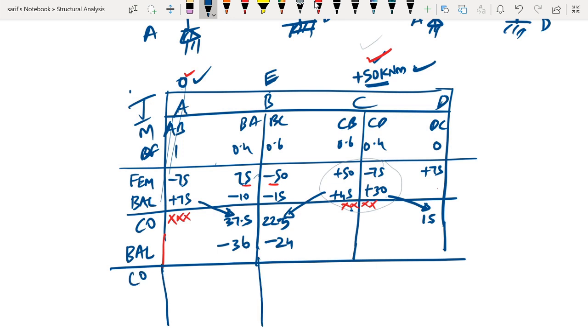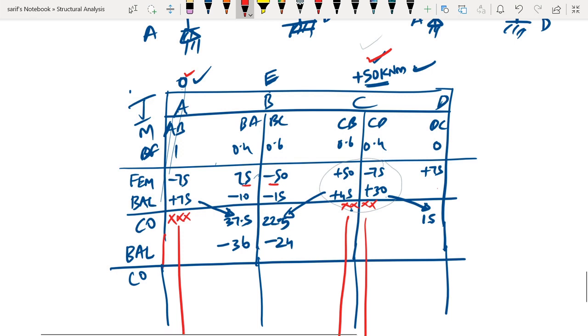Okay, if we try to do a carryover, this cannot, the possibility is carrying over to this side.